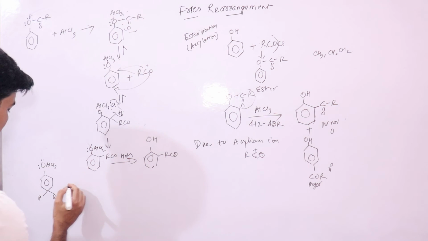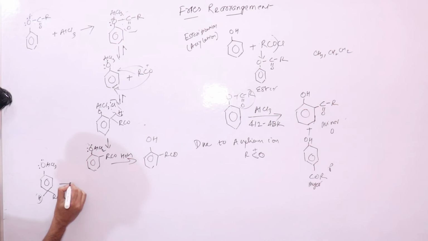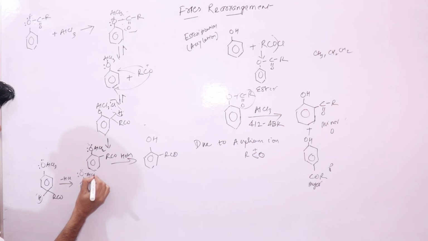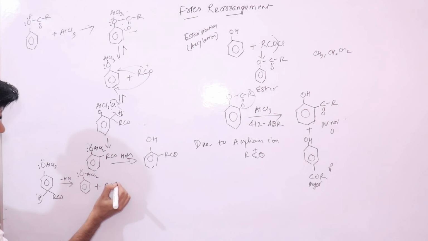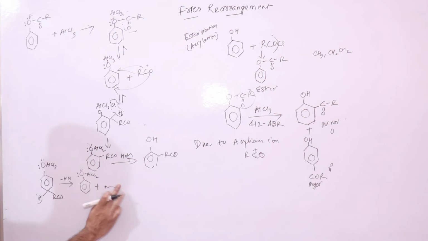Now this H and one Cl from here will lose HCl, O, AlCl2, plus RCO.